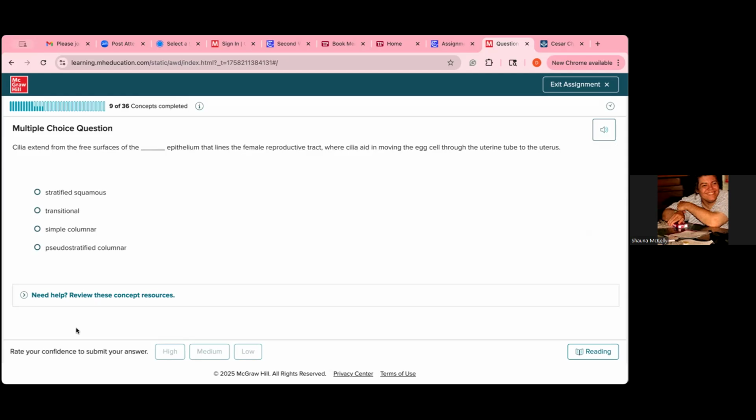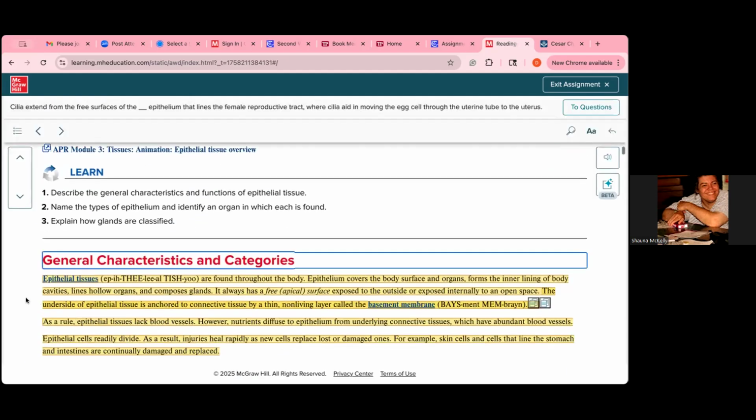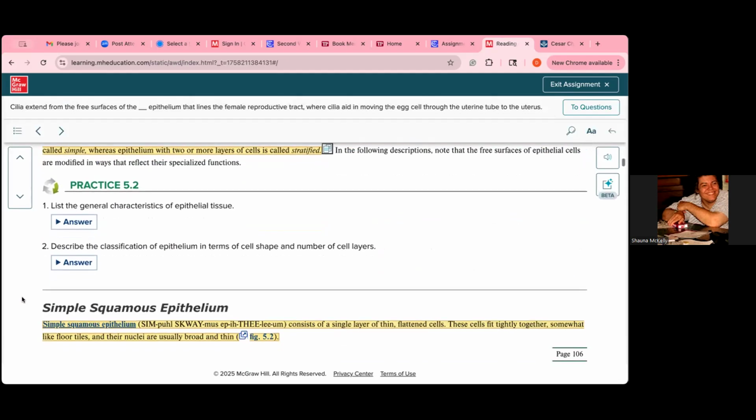Stratified squamous, transitional, simple columnar, or pseudostratified columnar? I don't think we read about that yet. Okay, keep going.